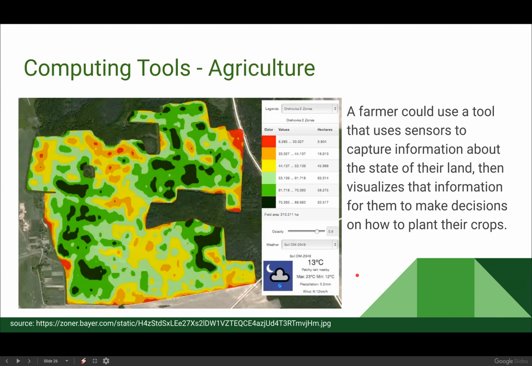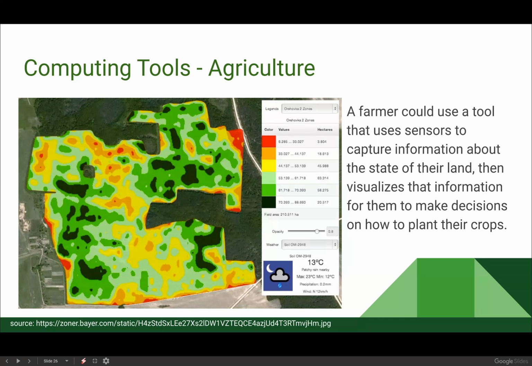So let's say we have a farmer who has sensors all across their land. These sensors are going to capture information and send it to a central database, and they have a whole bunch of numbers. They can have a program to read all these numbers and then perform a visualization.